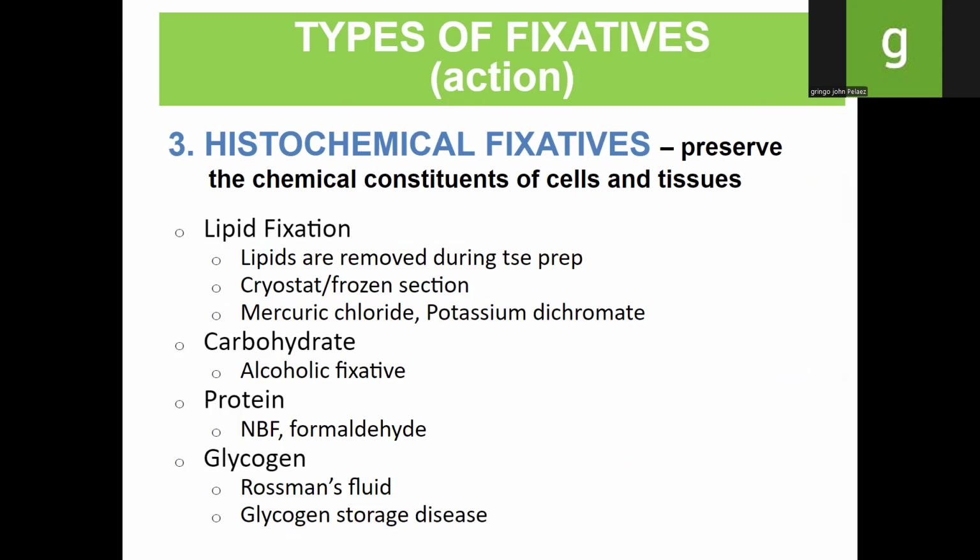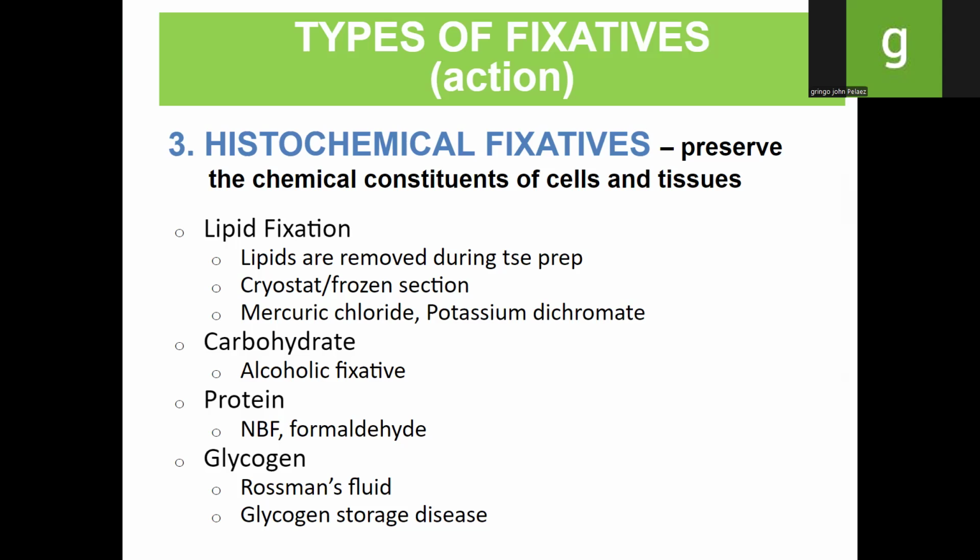For example, if you want to fix a lipid, usually lipids are removed during the tissue processing, tissue preparation. So basically lipid fixation dapat i-cryostat or i-frozen biopsy sila. So with the addition of mercury chloride and potassium dichromate, which are basically useful for preserving your lipids.